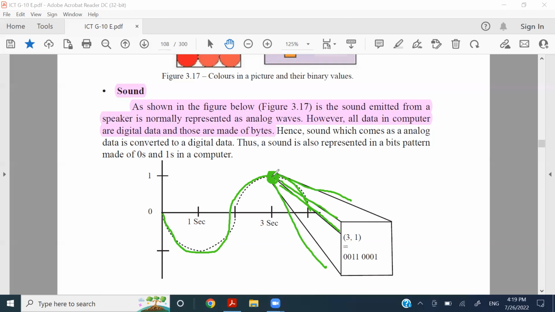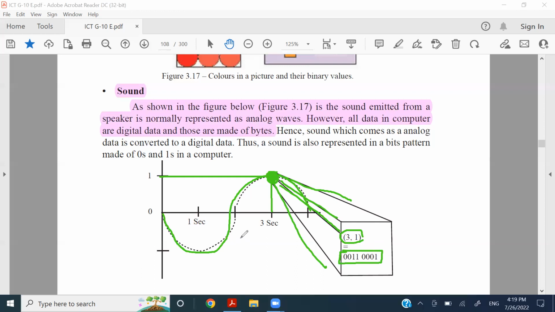Each and every tiny place will be represented by, if you think about this place, the coordinates 3 and 1, and that 3 and 1 will be represented like this.